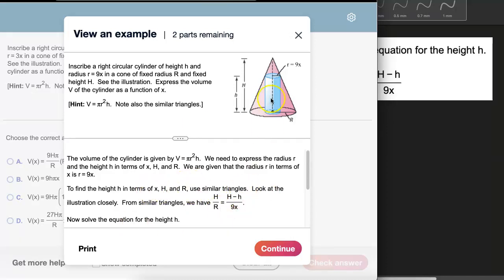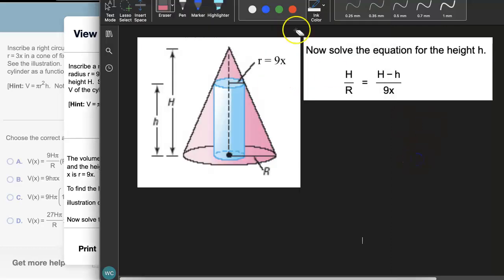If we look at this illustration closely, what we see are two similar triangles, which I'll highlight over here. I've just copied and pasted those same things. So let me get my highlighter. All right, so we have a similar triangle. It's just not a thick highlighter right here, okay?